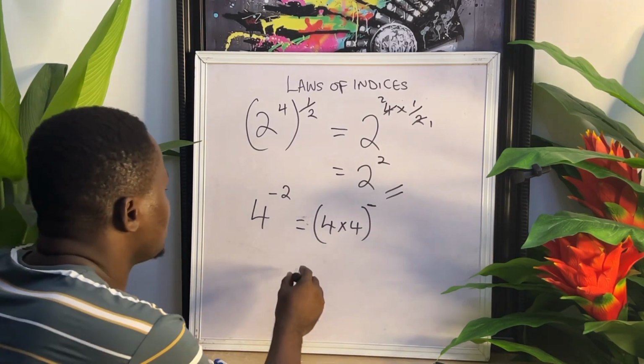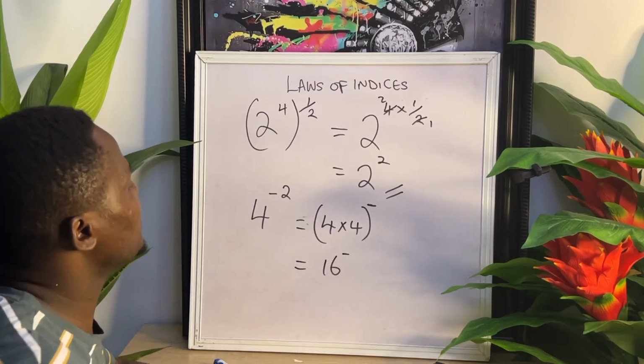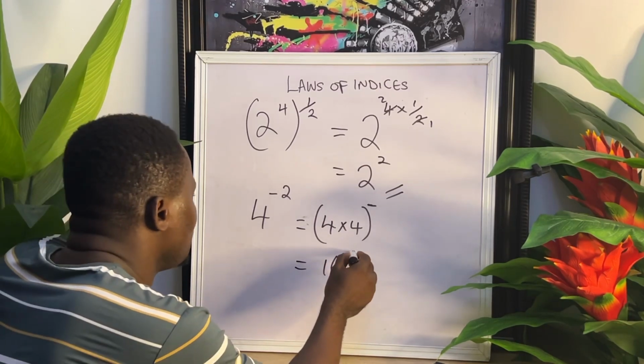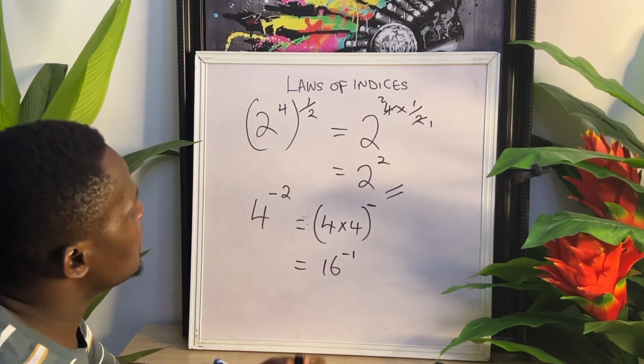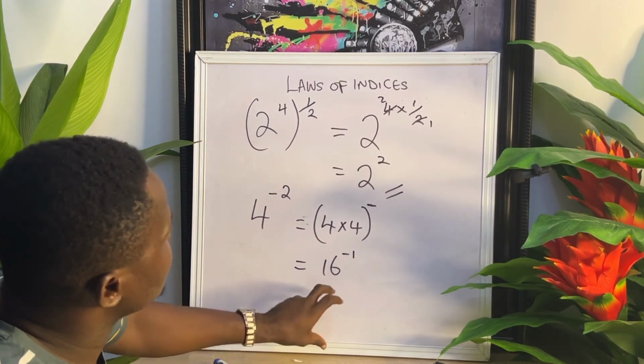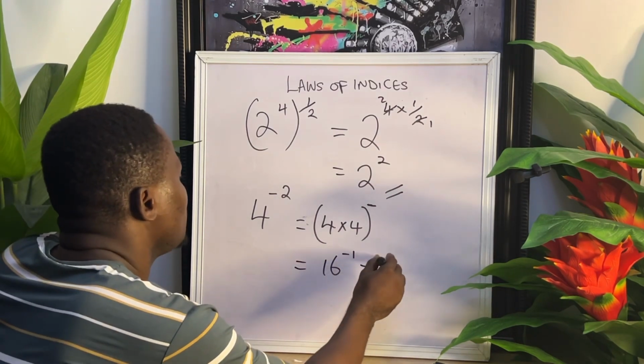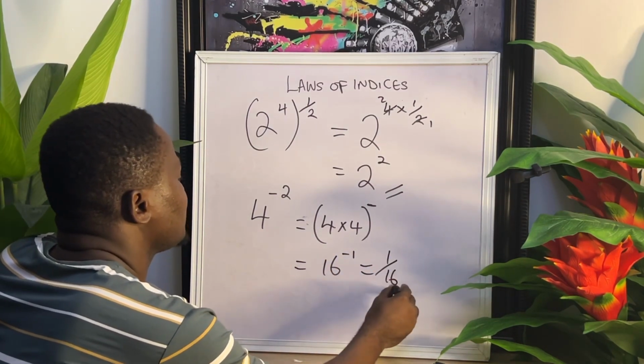And it then becomes 16 raised to power minus. What then is the effect of this minus, which can also be written as minus 1? The law states that this minus 1 will turn this 16 upside down. It then becomes 1 all over 16 instead.